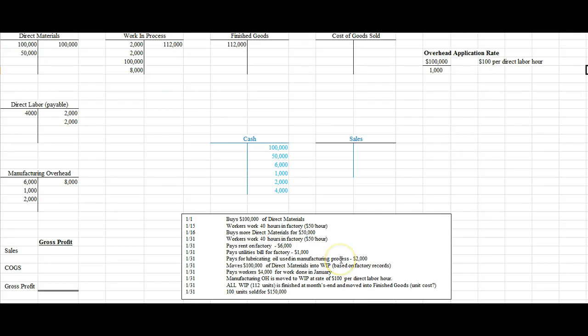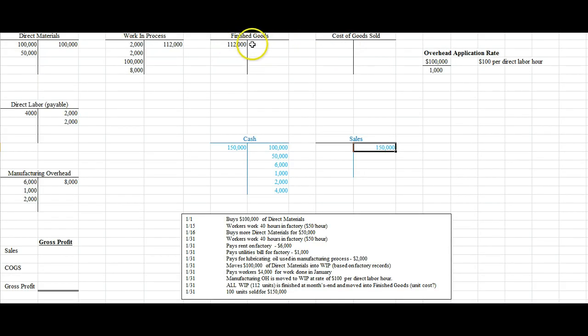Then this simple problem tells us that we sell 100 units for $150,000. So let's first book the sale. Let's debit cash for $150,000 and credit sales for $150,000. Now we have to assume we're in the perpetual inventory system, move 100 units out of finished goods into cost of goods sold.